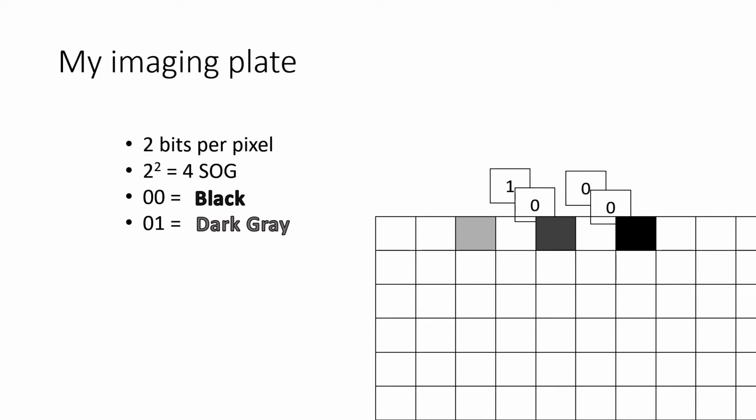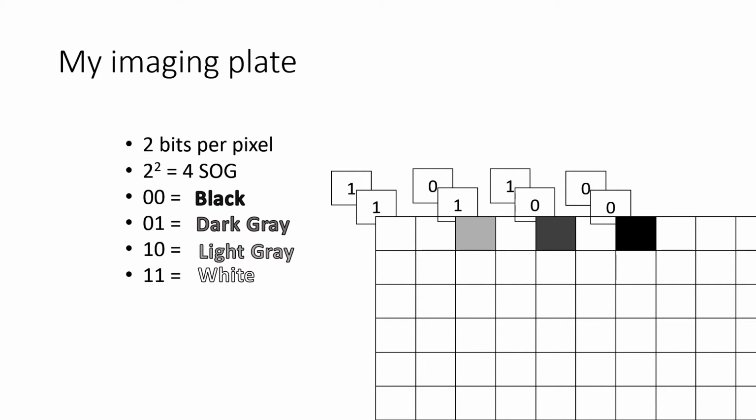Moving to the left, the next pixel stores a digital 1, which is 01, and it displays a dark gray shade. The next pixel stores a digital 2, which is 10, and displays a light gray. Finally, the last pixel stores a digital 3, which is 11, and shows up as white on the display.